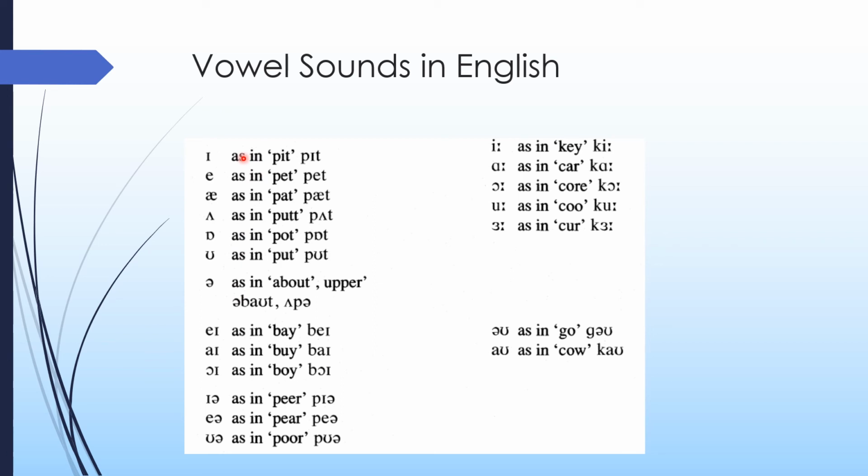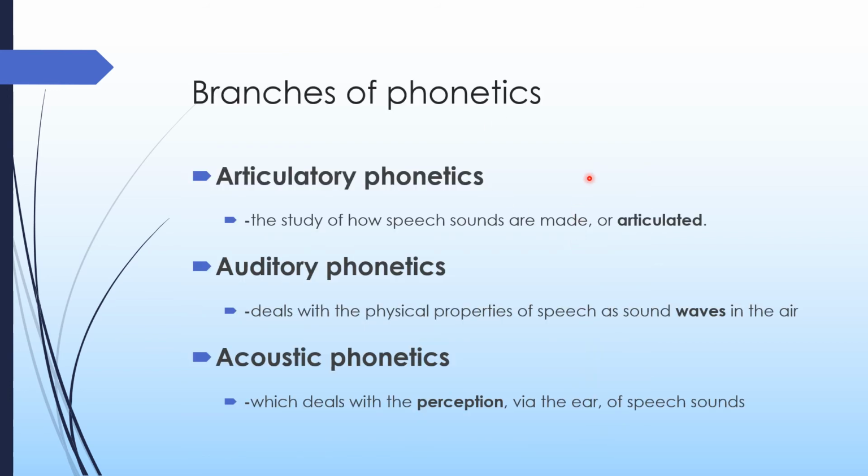So we are not talking about A, B, C, D, E, F. Rather, we are talking about these symbols. They are very similar to your English letters, but still they are different. All these refer to different sounds and are referred to as vowel sounds in English, because in order to produce these sounds, none of your speech organs obstruct each other or come closer. It gives free flow.